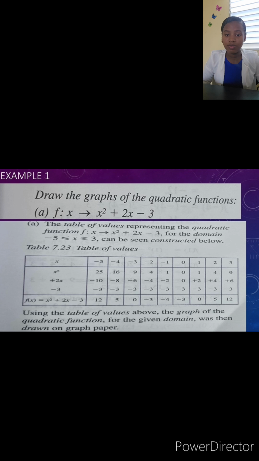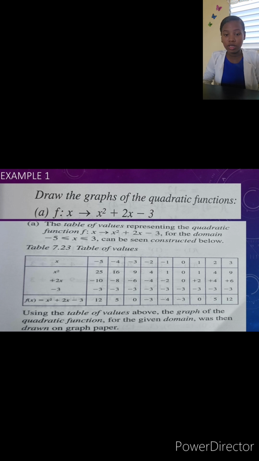So the x value is 2 and the y value is 5. So our x value is 3 and our y value is 12. We get 12. Going on to the last part of our y value, we end up back with the same positive 12.